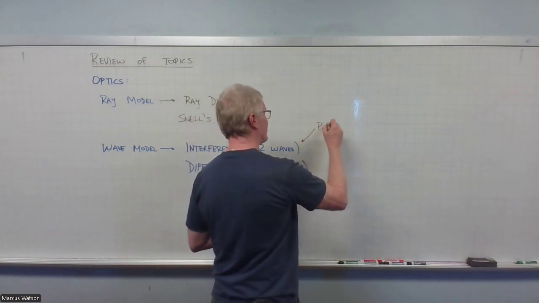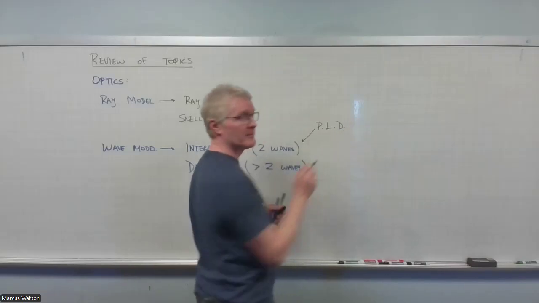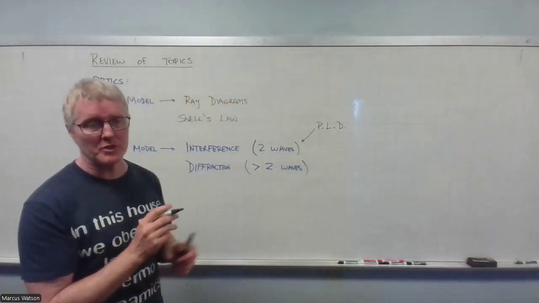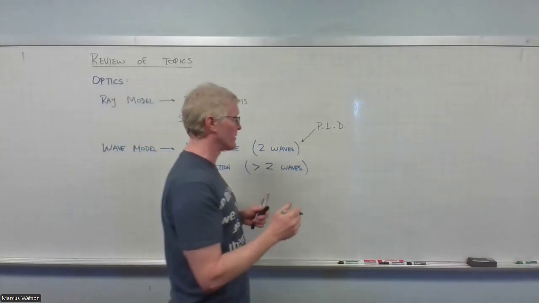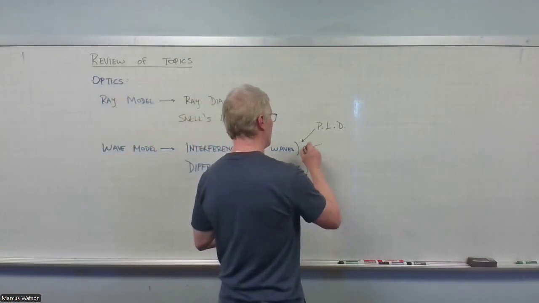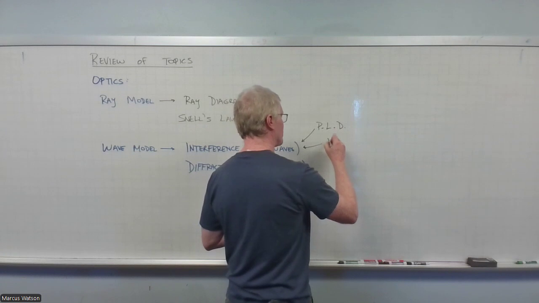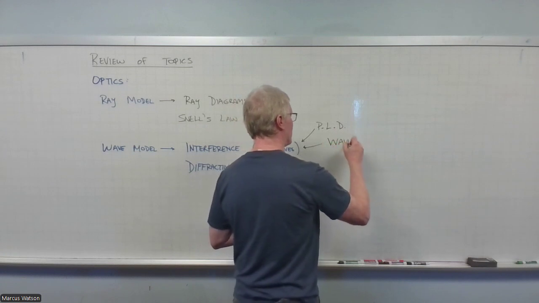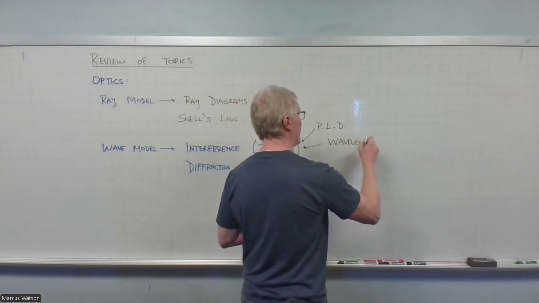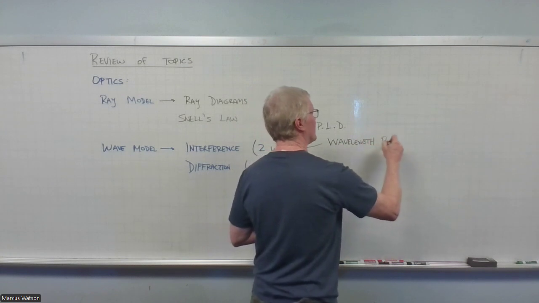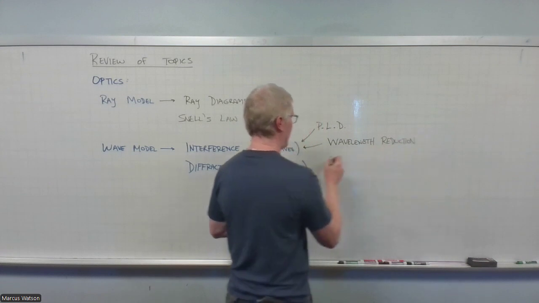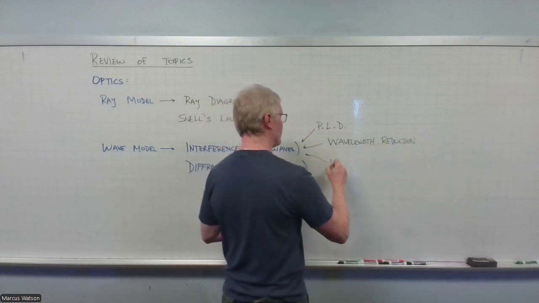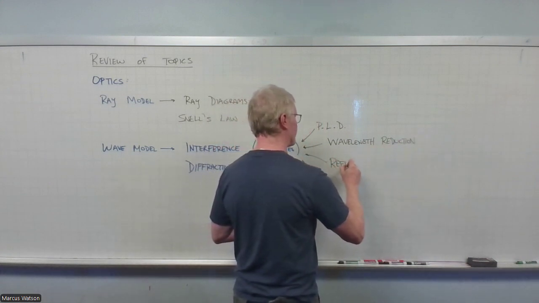Path length difference, which I'll just abbreviate PLD, which we looked at the double slit as kind of the benchmark for. We looked at wavelength reduction and what happens to the wavelength in a material. And we also looked at reflection phase shifts.